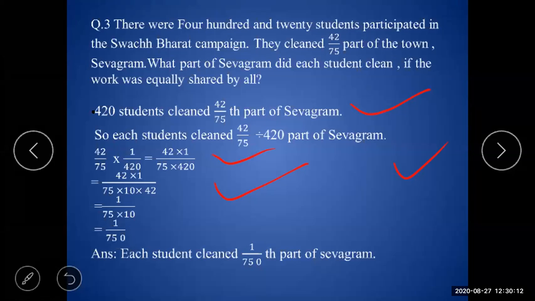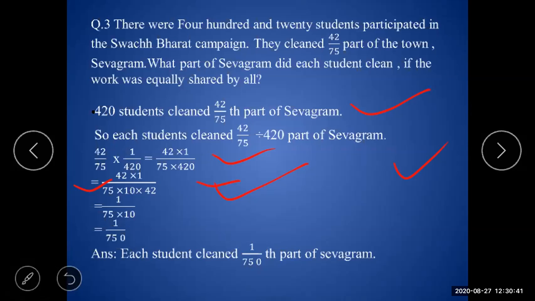Now here the next step. You will write 42 into 1 as it is, 75 as it is, but this is a bigger number, 420. Now we will find 420 in the table of 42. So we will write 10 into 42, which is 420 only. So we will split that number, 420. Why will we split it?